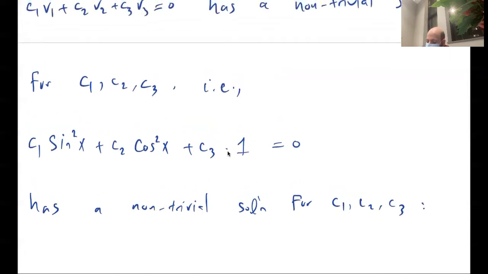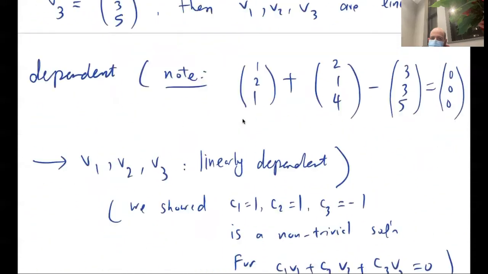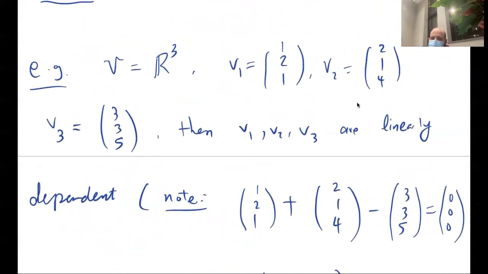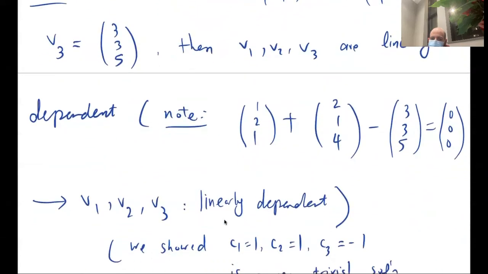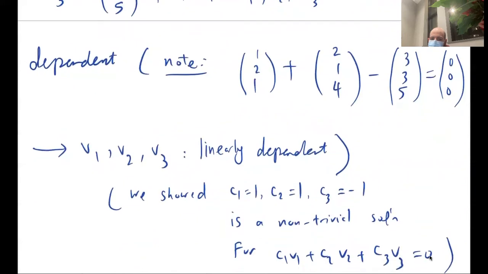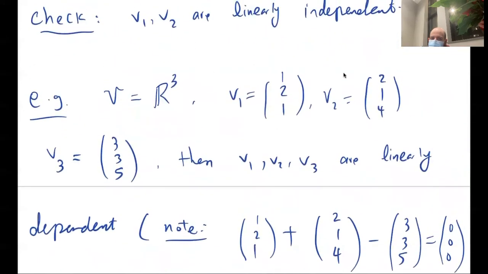When we say this is equal to 0, we mean constant function 0. Previously, when we had, for example, C1 V1 plus C2 V2 plus C3 V3 equals 0, this 0 meant vector 0, the vector 0, 0, 0. Why? Because our vector space was R3.